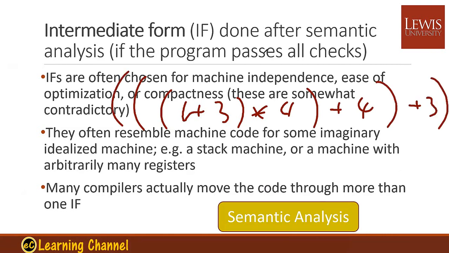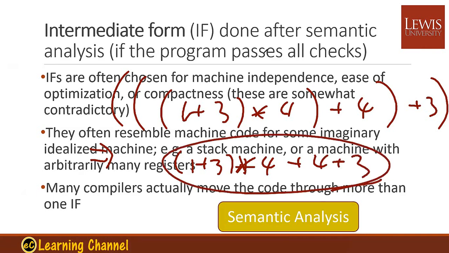And you need to push up. A lot of things you need to do. But this one, apparently, you can do 1 + 3 times 4 plus 4 plus 3. So you may get flattened and optimized somehow. So the parsing tree can be optimized. We call it the intermediate form.